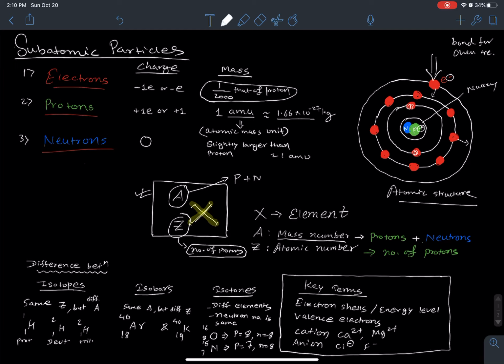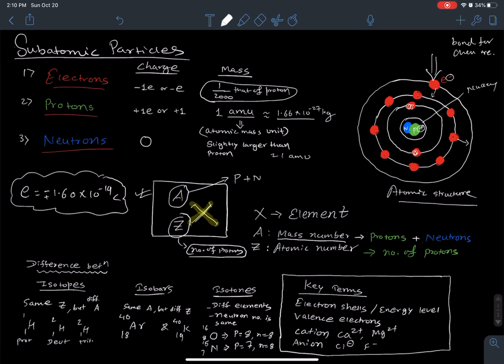So what we learned today, what you need to know, is electrons, protons and neutrons. Another thing you need to know is the value of e, which is 1.60 times 10 to the power negative 19 coulomb. If you're writing that for an electron, we put a negative charge. If you're writing that for a proton, we put a positive charge. This is very important, so know it.